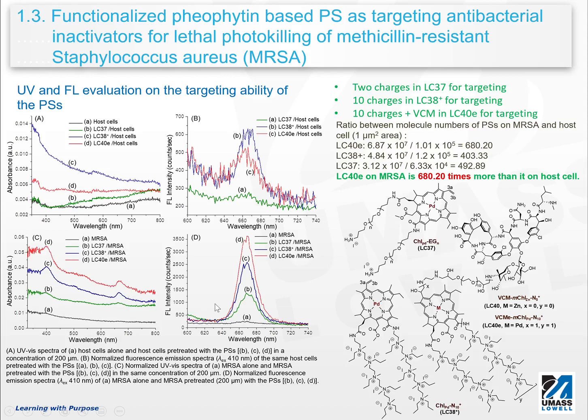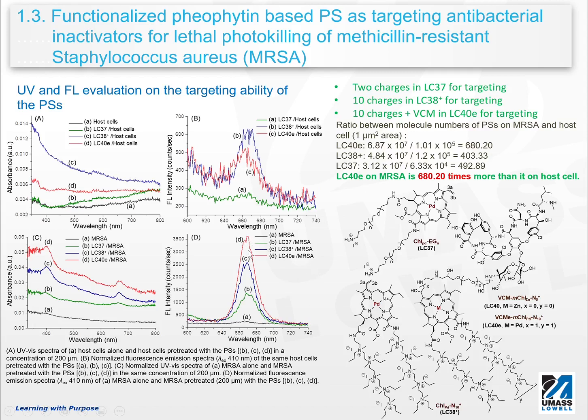And when it comes to the fluorescence spectrum, you will see the intensity of LC40E and LC38, even for LC37, they all show very intense fluorescence. That corresponds to the UV data. So comparing these two sets of data, we can be sure that our drug did have higher binding ability on the MRSA cell rather than the host cell.